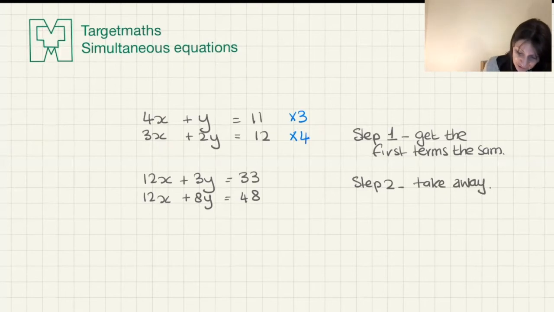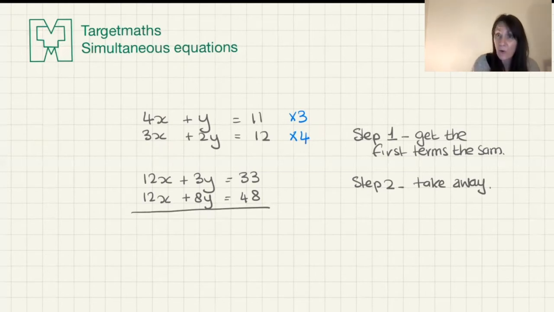Now, I'm going to draw a little line like I'm doing column subtraction, and I'm going to do every single part of the equation in turn, okay? So I am going to get my little highlighter. I'm going to do 12, take 12. I've got 12 x's and I'm going to take 12 x's away.